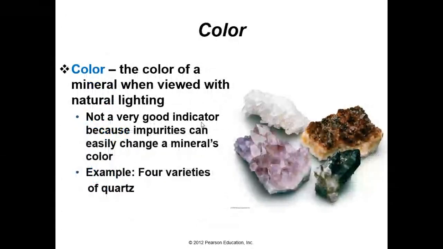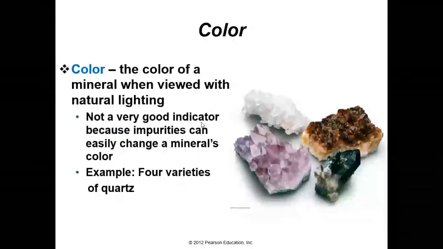Okay, color. Color can be a good way to tell some minerals, but as a general rule, color is not a very good way to diagnose, to identify minerals. And I say that because there are some minerals that can come in multiple colors.